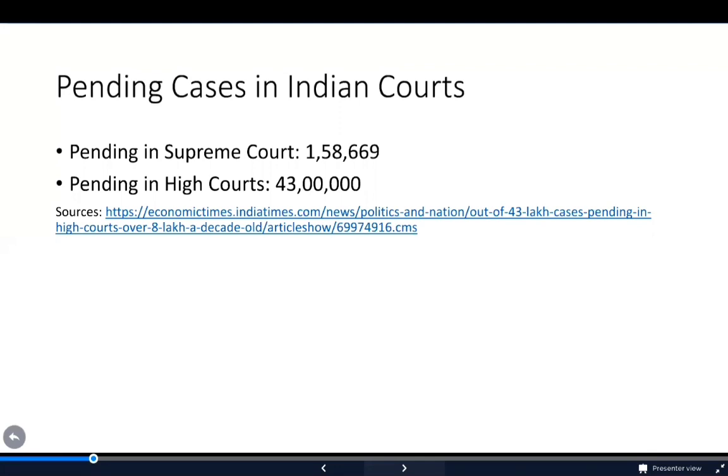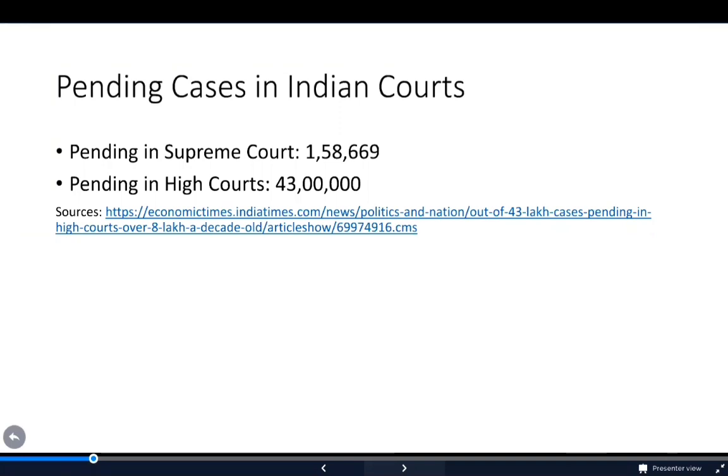Big commercial entities, in case they have a dispute, want to resolve it without affecting the relationship between the parties. Their actual intention is to resolve quickly without affecting the relationship. And of course, they don't want to go to the courts because it's public in nature, and that will affect their brand value and image.